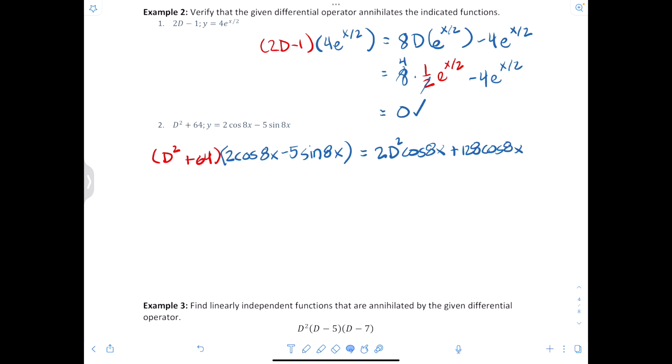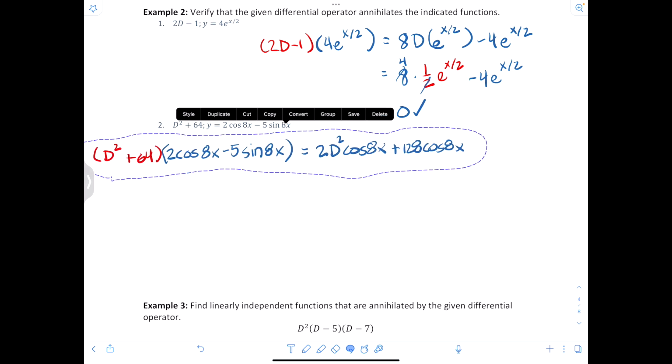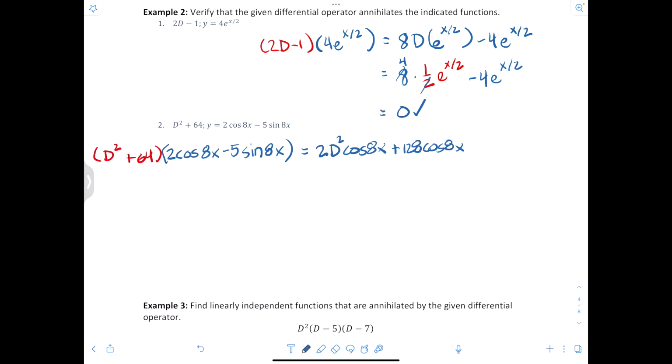I'm going to move this over here. And then minus 5 D squared sine 8x.